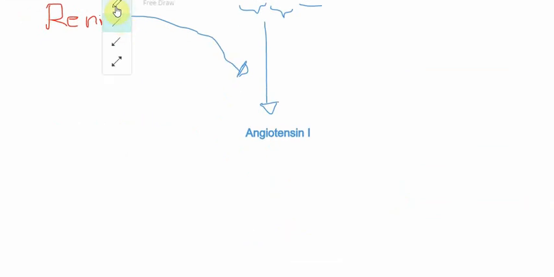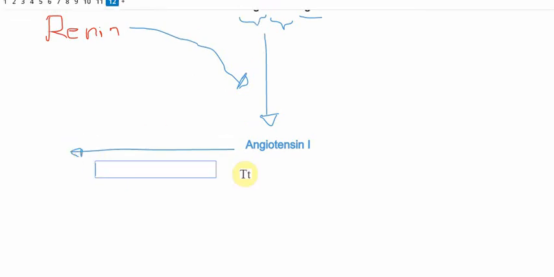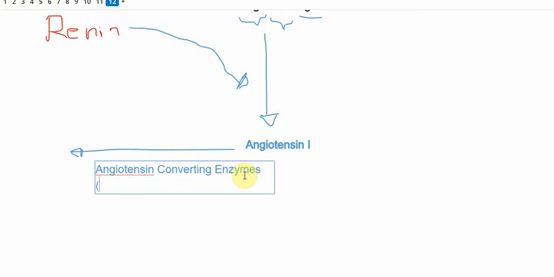And what happens next is angiotensin 1 goes through our circulatory system. It comes near our lungs, and our lungs have what are referred to as angiotensin converting enzymes, or ACE.